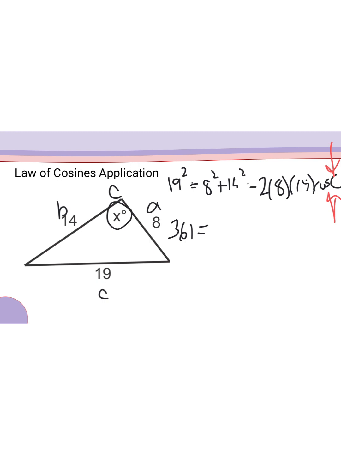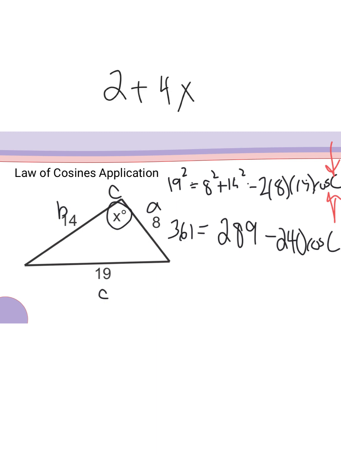Doing too many at a time will lead to incorrect answers. 289, and 2 times 8 times 15 gets me minus 240 cosine of C. Now, the common mistake that I see is that people want to combine these two numbers, and that's not possible. This cosine of C really acts as its own variable, just like x. So you wouldn't want to combine something like 2 plus 4x just because the numbers are in front of it, right?